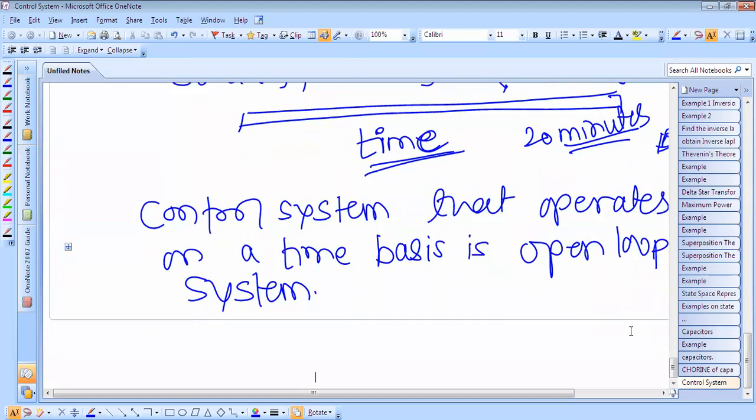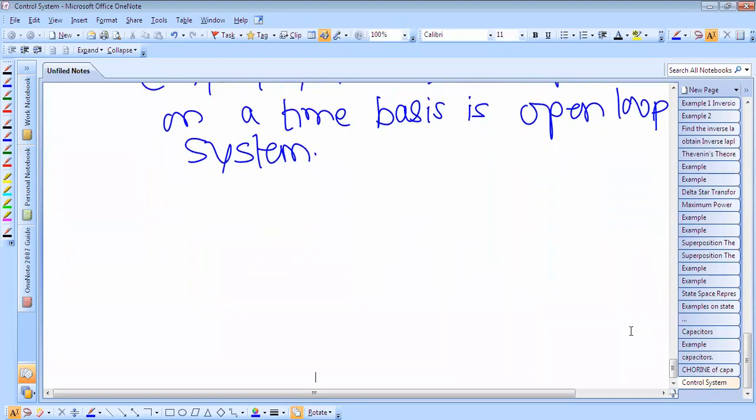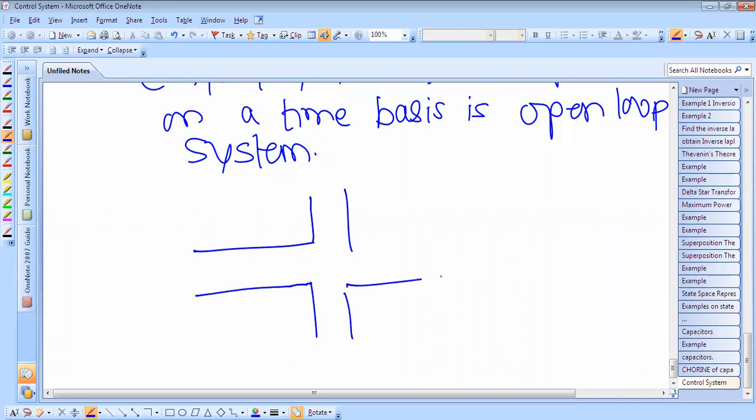So traffic signals are there, and in a traffic signal at the square, some vehicles are coming on this side, some vehicles are also coming on this side. So at this square, what happens, the vehicles are coming, so there is the signal from this side.